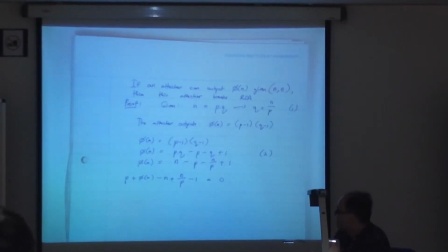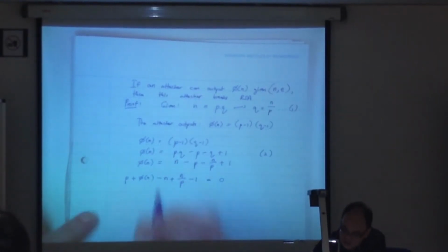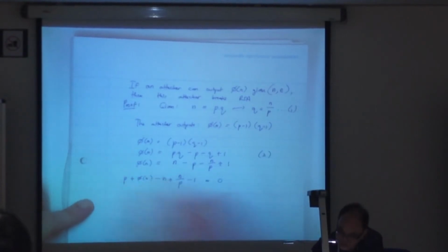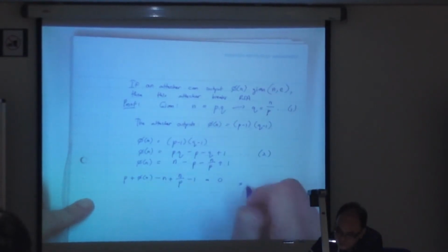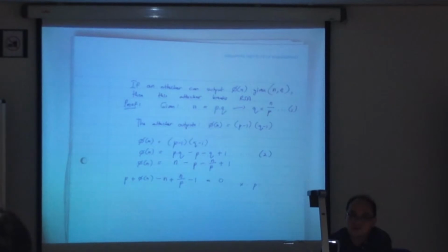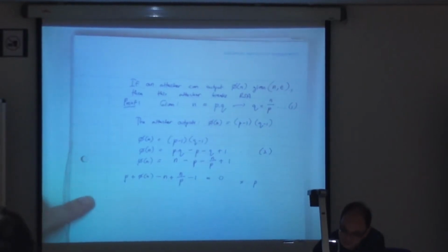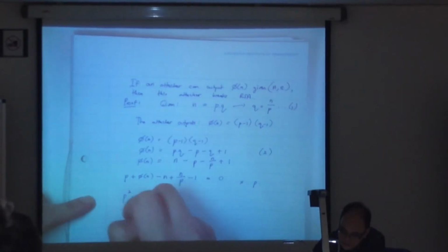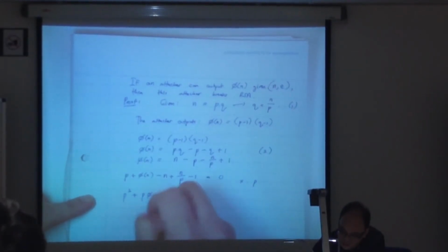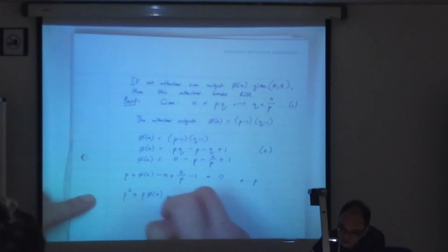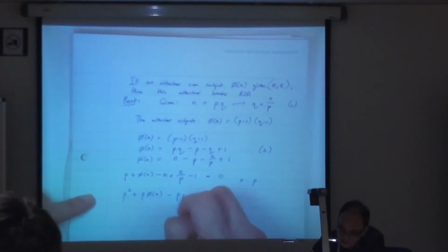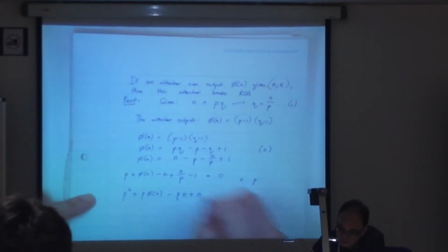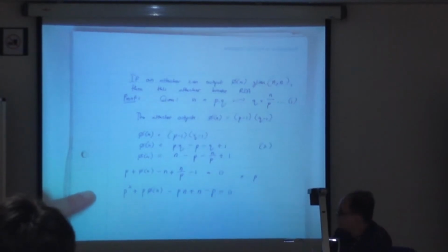From here, I can multiply the whole equation by p, so that it looks neater. I get p squared plus p phi n minus p n plus n minus p equals 0.